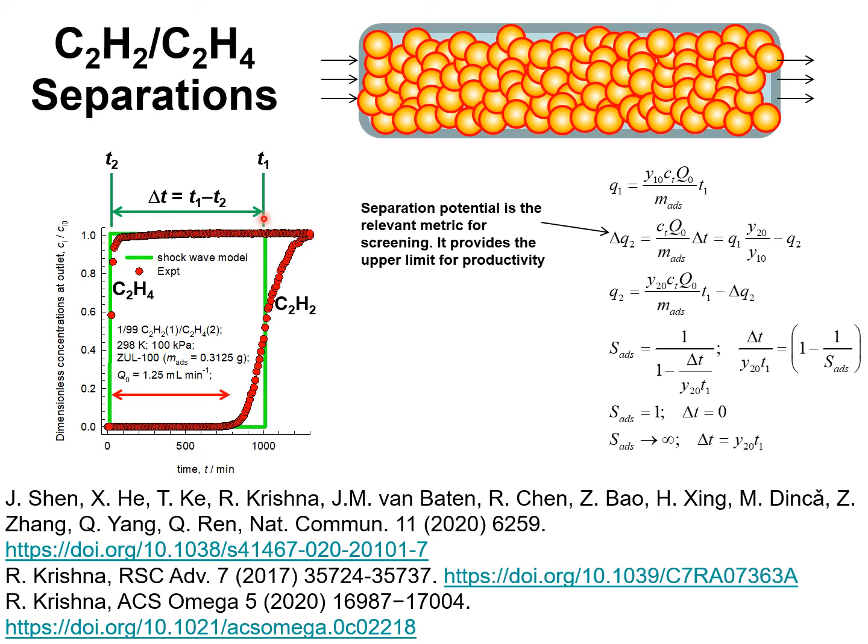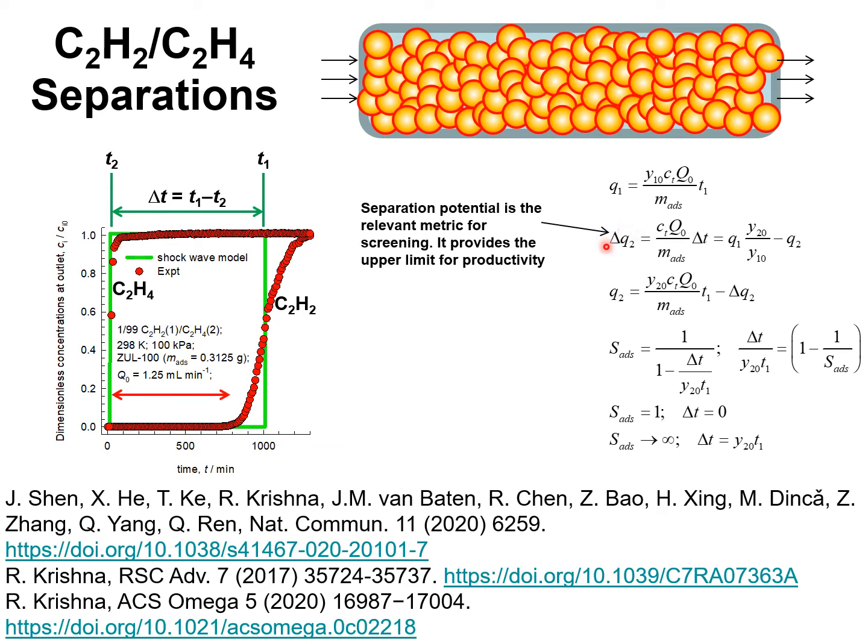During this time interval, delta T, T1 minus T2, the delta T from the Shockwave model can be calculated from IAST calculations of Q1, Q2 using this expression.